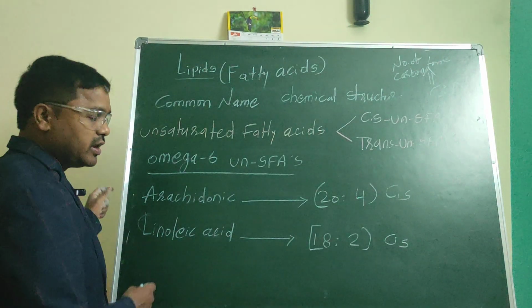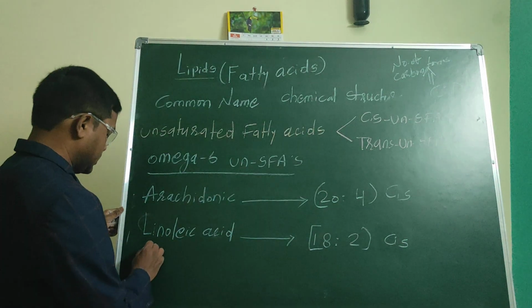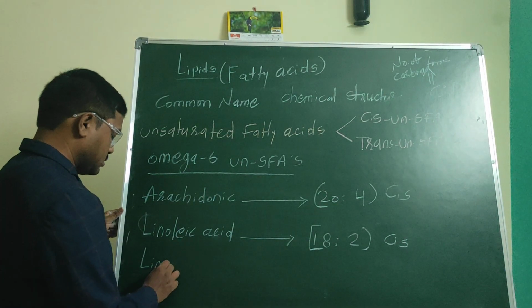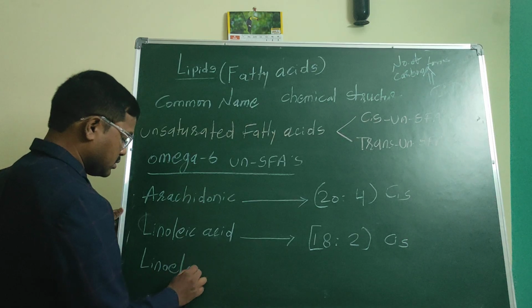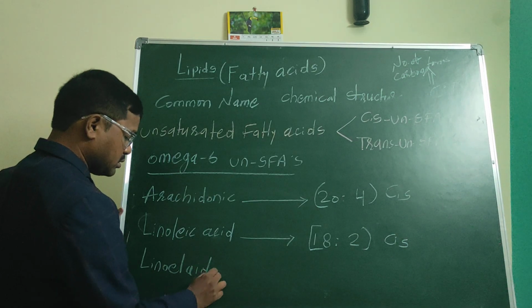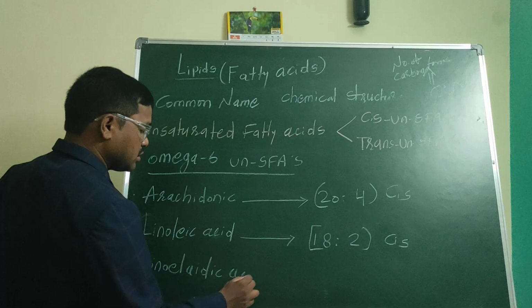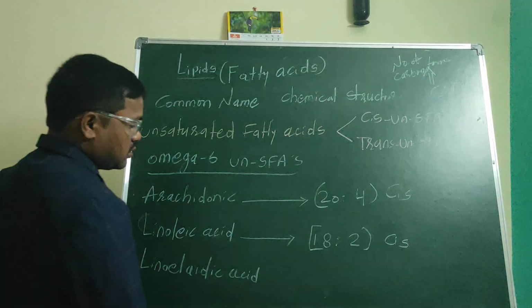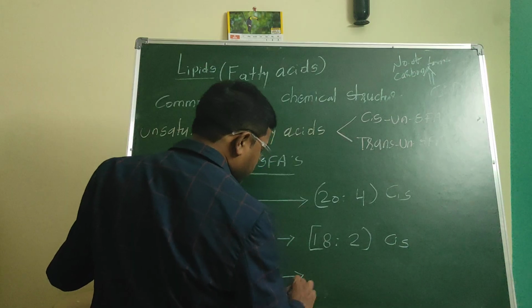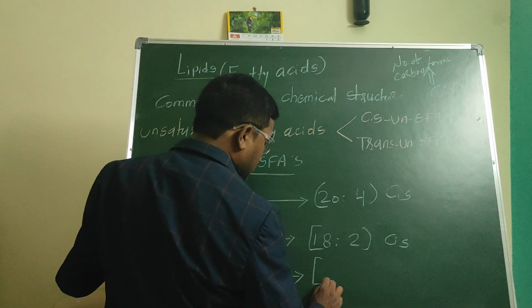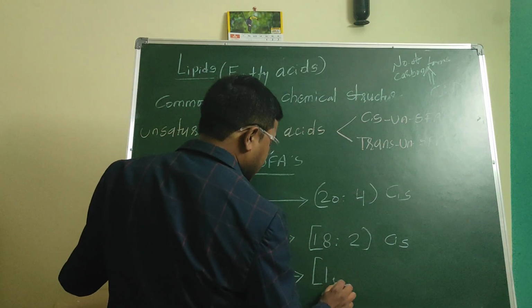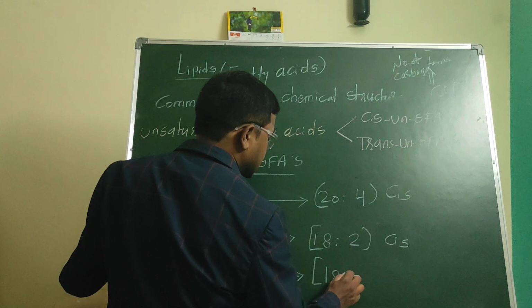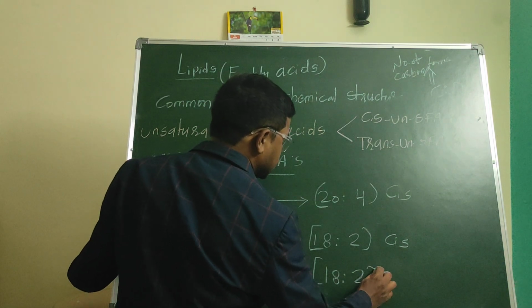Next, linolenic acid. The number of carbon atoms is 18 and the number of double bonds is 0.